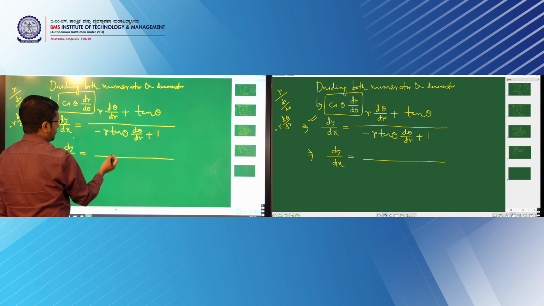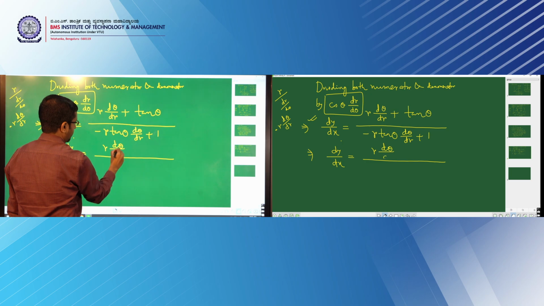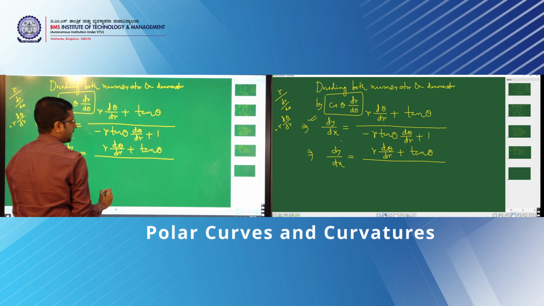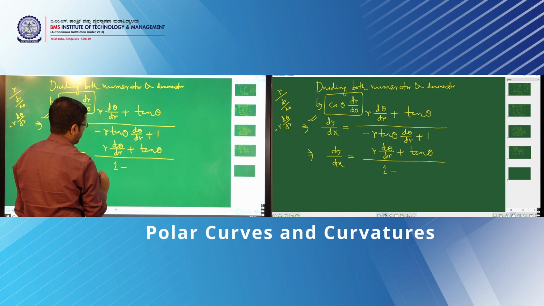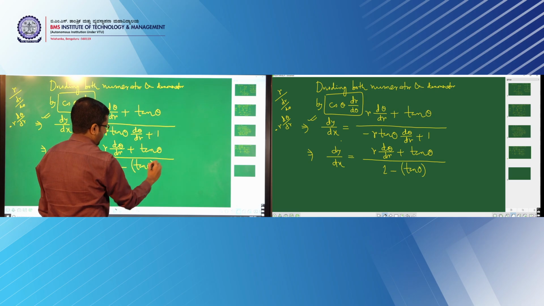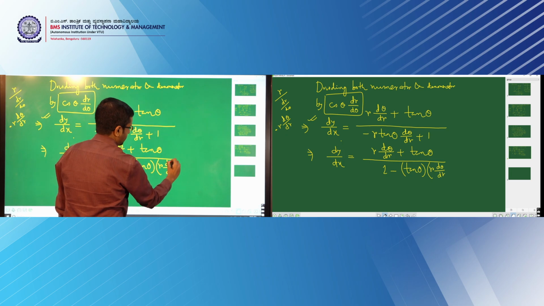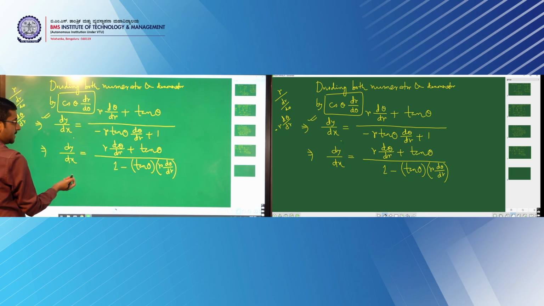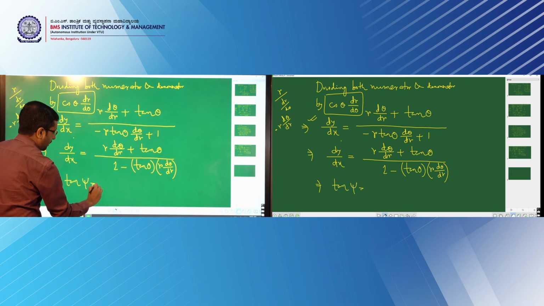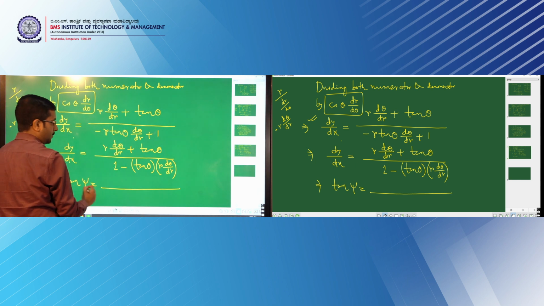So if I arrange, I will get r d theta dr plus tan theta, and in the denominator first I am writing 1 minus tan theta into, I can write in brackets, r d theta dr. So this dy dx is tan psi. I told you this is the slope of the tangent. The slope of the tangent formula you already know, this is represented by dy by dx.